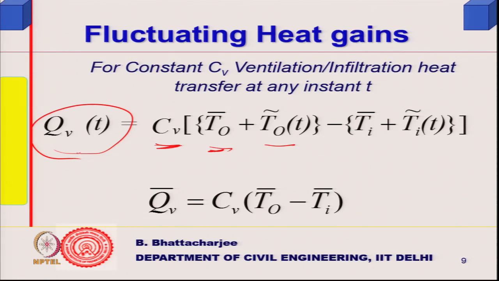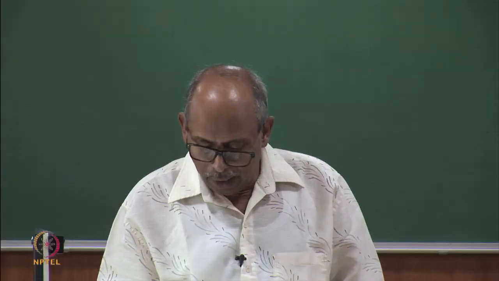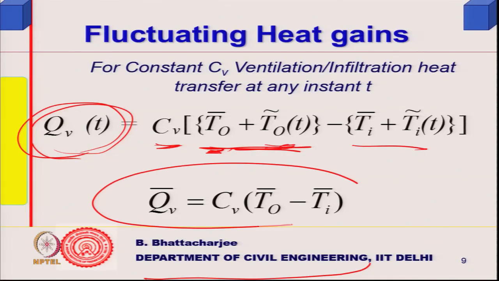So, at any instant, the ventilation heat transfer will be given as TO mean plus TOT fluctuating part. So, this is the outside temperature total minus inside temperature total at any time. Now, you see, this minus this we have already taken into account in the mean calculation.